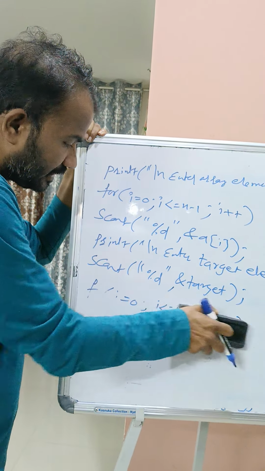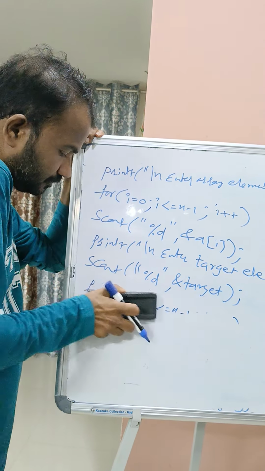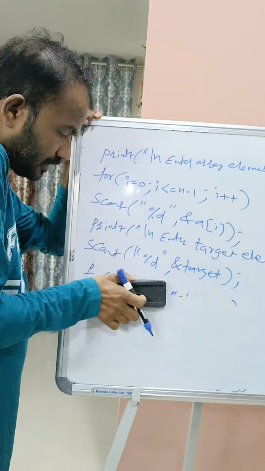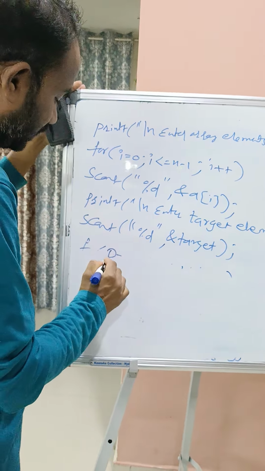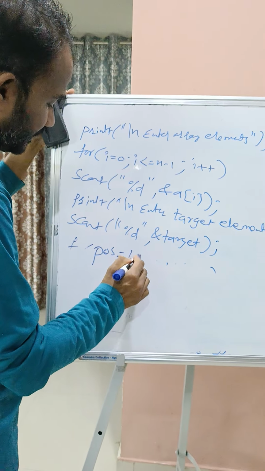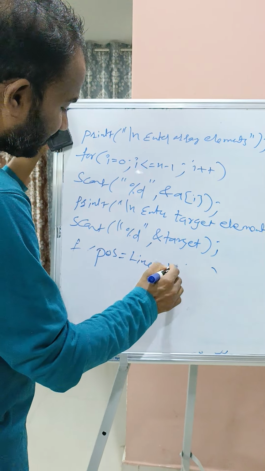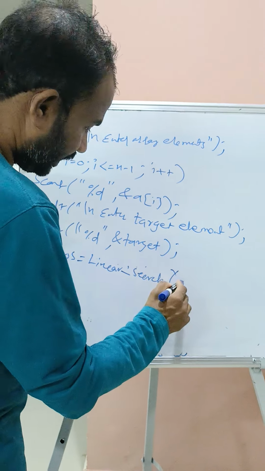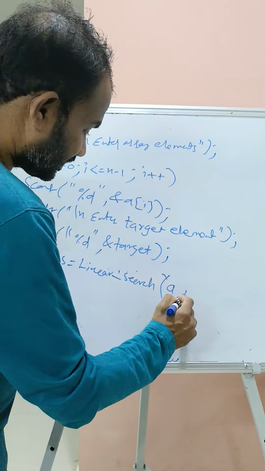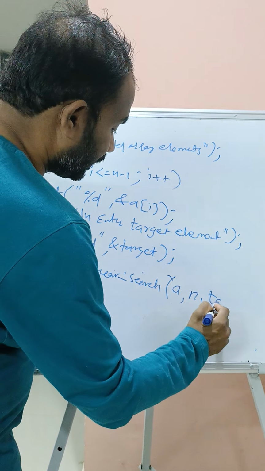So I am not taking this one. Simply I am going to call a function: position is equal to linear search. The function name is linear search, with the array, size n and target element.